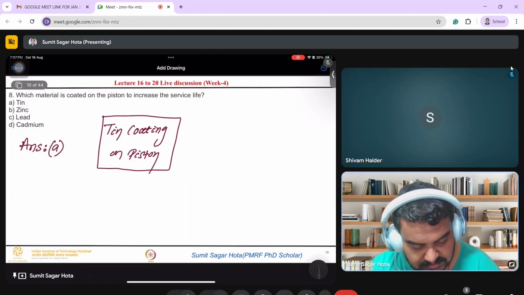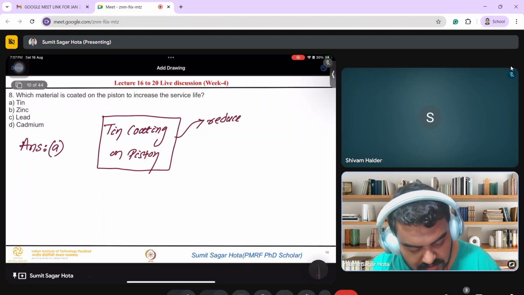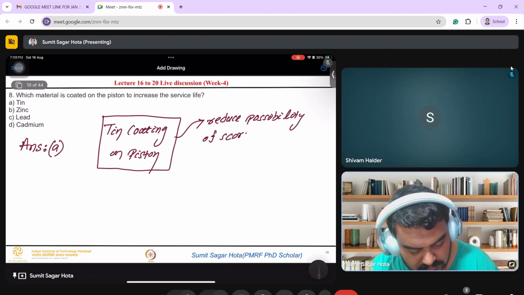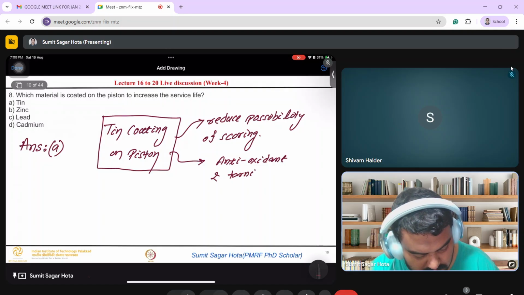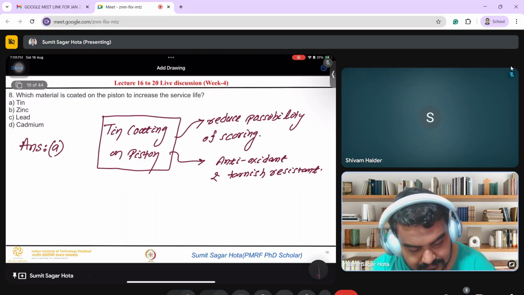What will it do? It reduces the possibility of scoring, it is also antioxidant, and it is tarnish resistant.